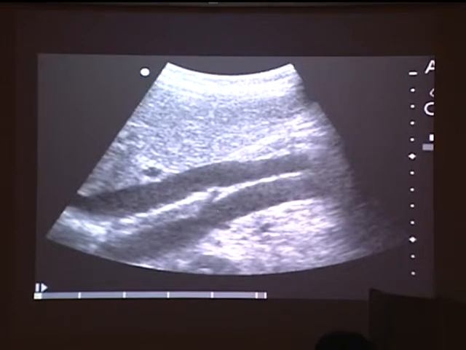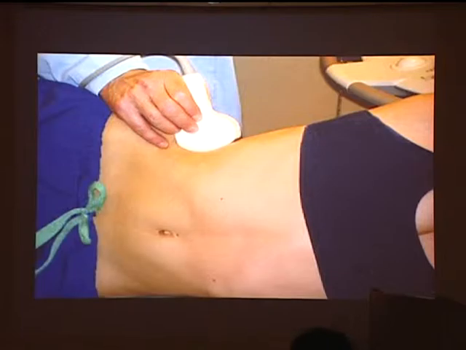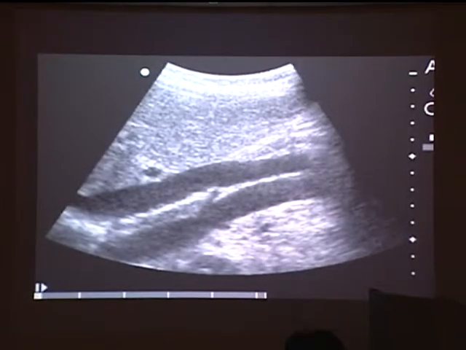If you scan the abdominal aorta from left decubitus, from the right flank, you can see there are two anechoic tubular structures in your image just below the liver. The near one is the inferior vena cava, and the deeper one is the aorta.